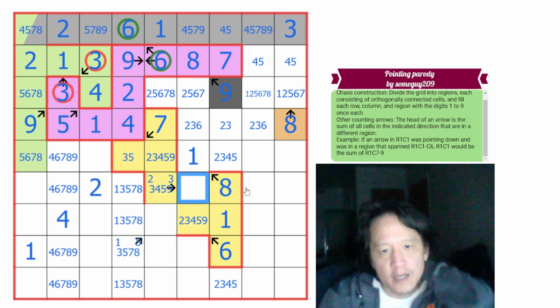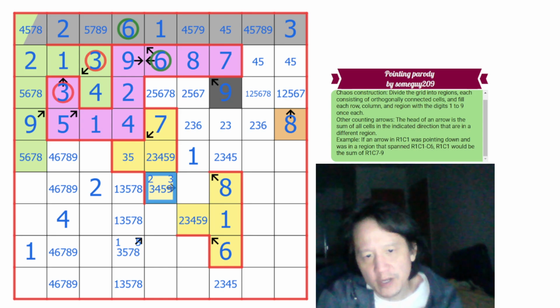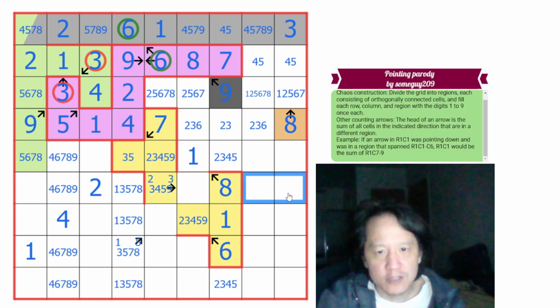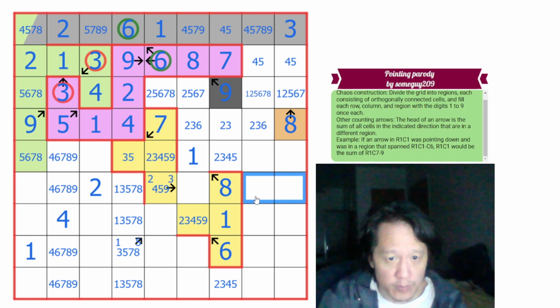If this is 9, it would have to be 1, 3, and 5. This cannot be 3 anymore, because if it's 3, we know at least 2 of them are there. So this cannot be 3, because it can't be 1 and it can't be 1 and 2 anymore here. This could be 4, in which case this is 3 and 1. This could be 5, in which case it's 4 and 1 in some order.